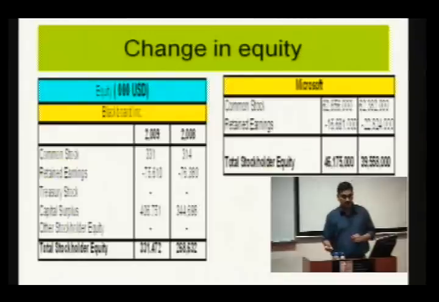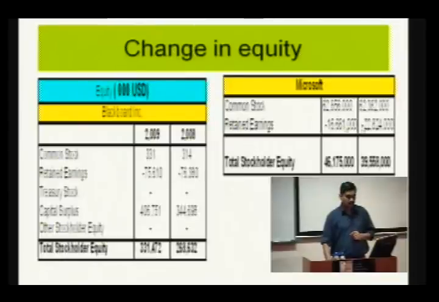One is Microsoft, the other is Blackboard, which is actually also in the same industry, but which provides technology services and solutions for academic institutes. So, both the companies' equity has increased, and in this case the increase is because of a slight increase in the common stock, the other one is because of the profits they have made.